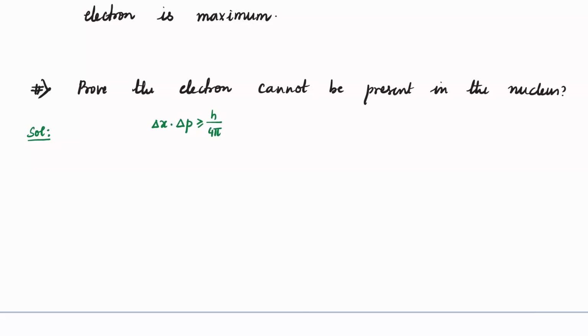Now listen up. Suppose this is a nucleus, and the maximum uncertainty of the position of an electron could be anywhere between these two points, which is the diameter of that atom, which is 2r. So we can say that 2r, the distance, could be your delta x.